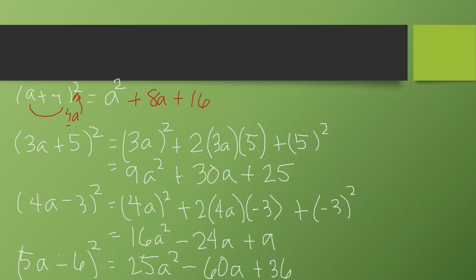Now, next, tingnan natin yung application. Itong square of binomial, magagamit natin to get the square of a certain number. For example, we have 12. What is the square of 12? This is equal to 12 times 12.